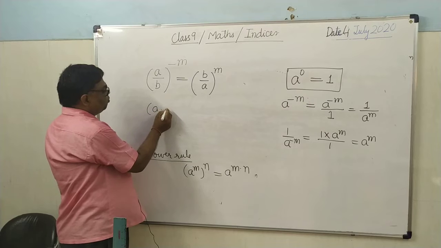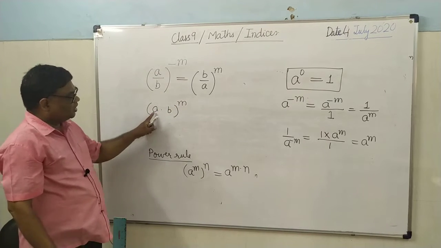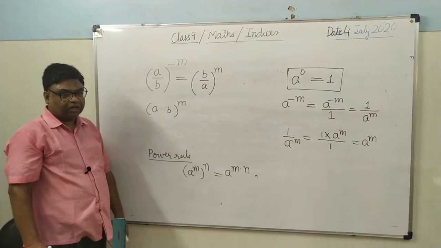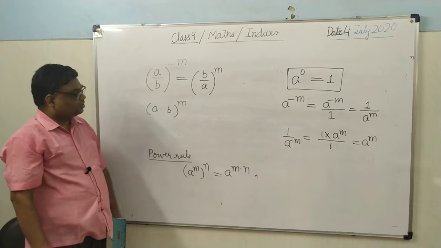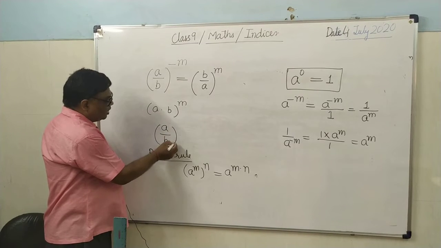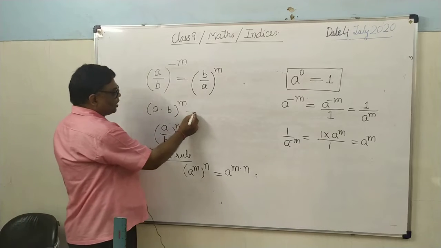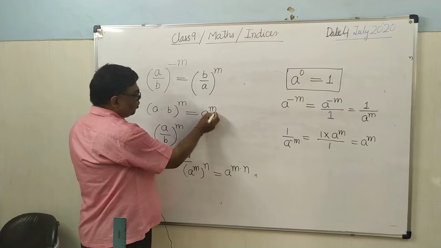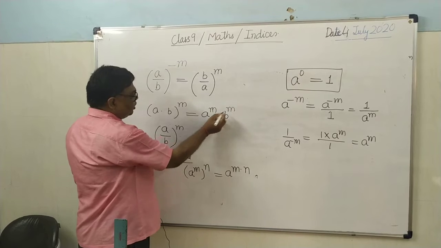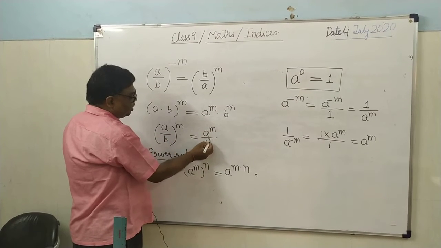a into b whole to the power m. When you open it, inside the bracket there is a product, or inside the bracket there is a division, whole to the power m. So when you open the bracket, what will happen? a to the power m into b to the power m, or a to the power m upon b to the power m.